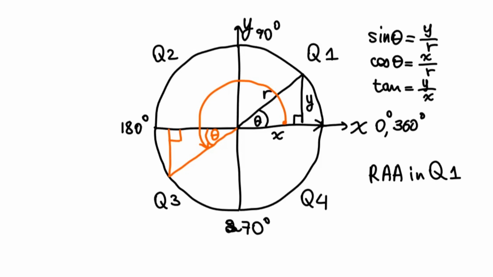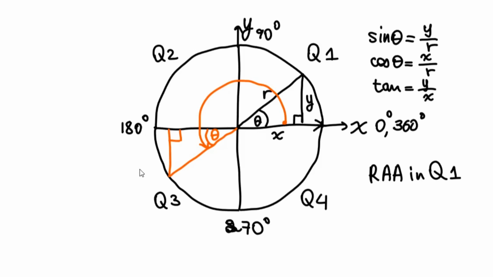And what is really special about them is that they share the same value of any one of the trig ratios. So sine of this angle will equal sine of this principal angle, only with a different sign, positive or negative.